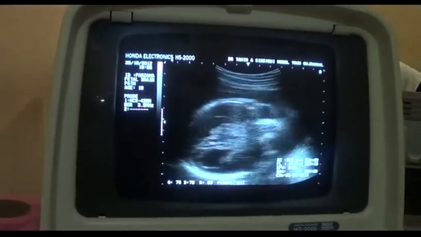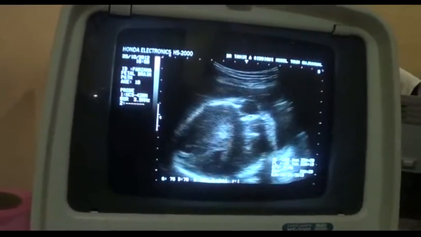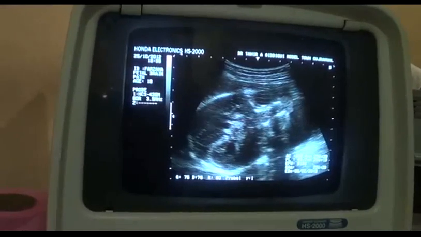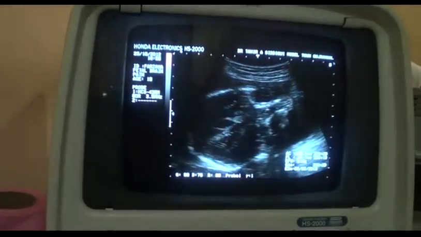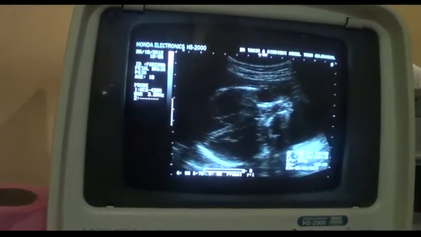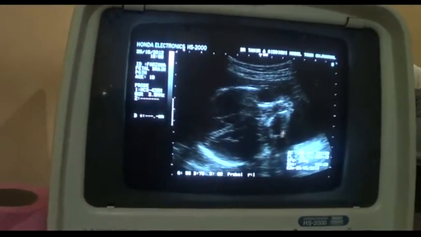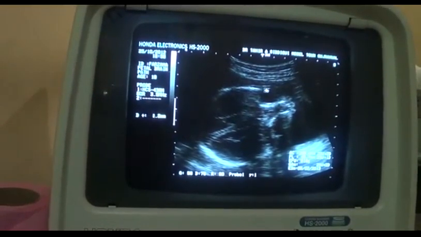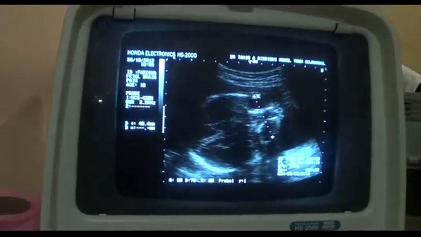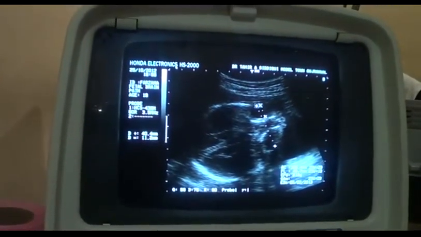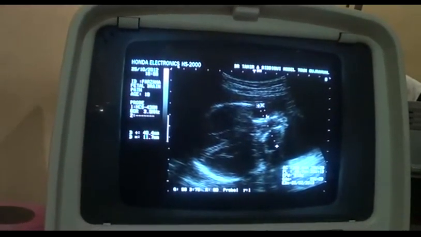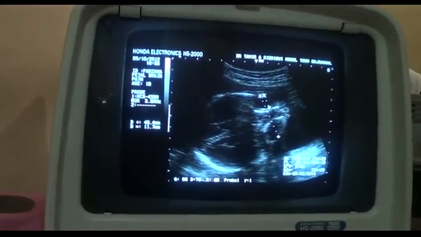And this is the eye of the fetus. This is the second eye of the fetus. So this is the eye, and we measured it: 4.0 centimeters, 11.1, 11.7 millimeters.